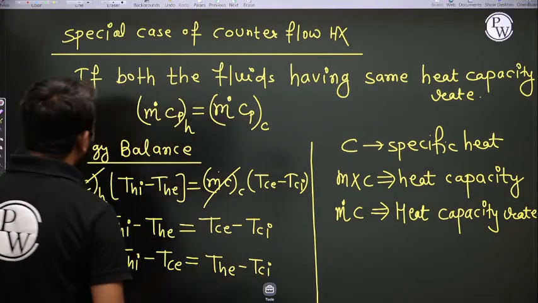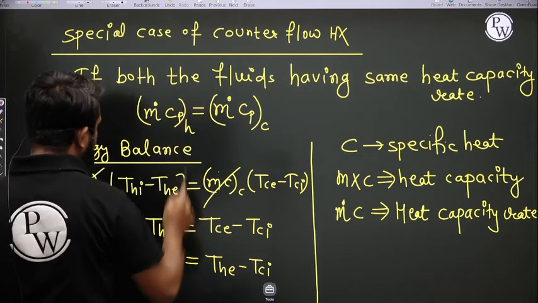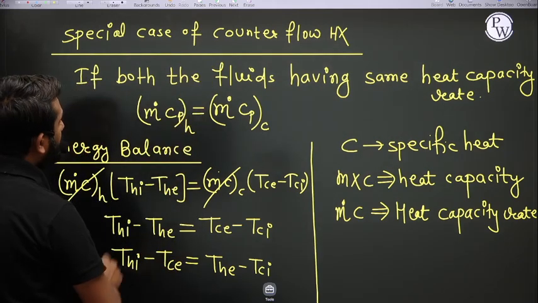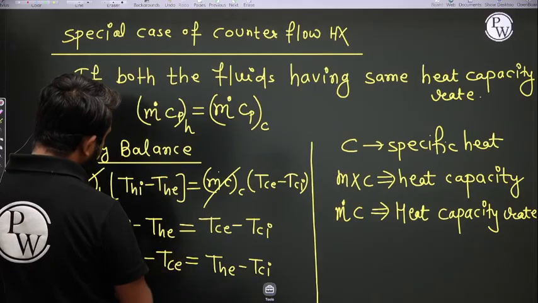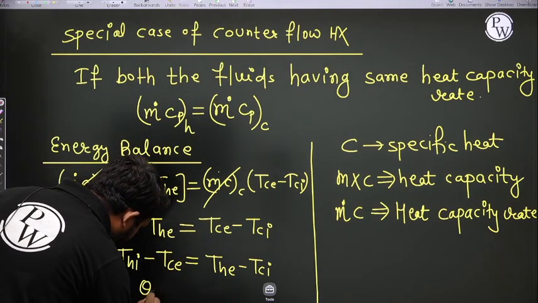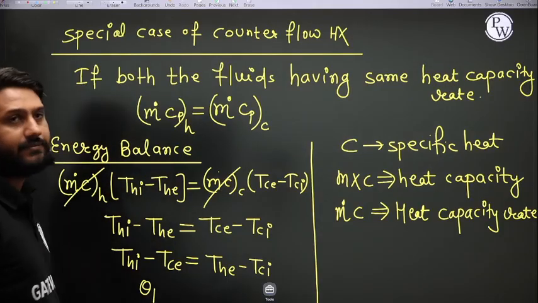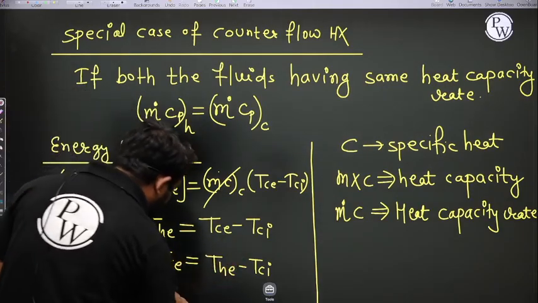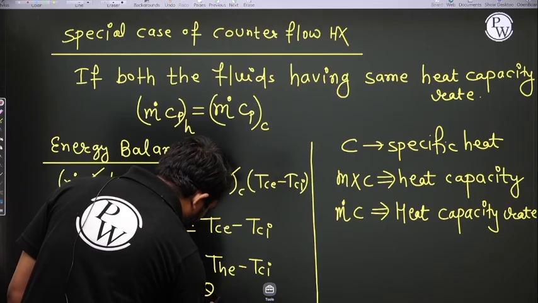In the case of the counter flow heat exchanger, see this term, Thi minus Tce. This is equal to theta 1. And this term, The minus Tci, is equal to theta 2.